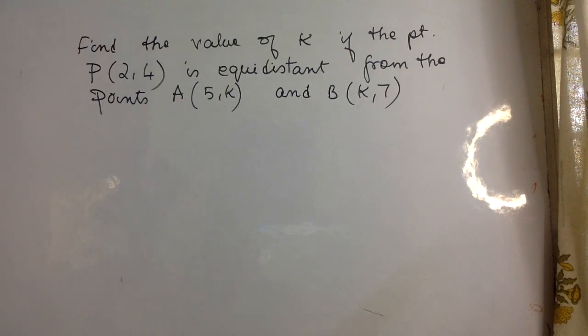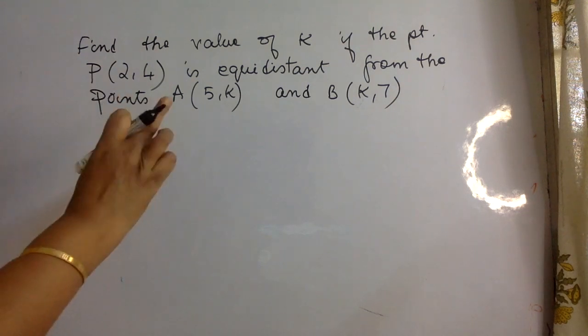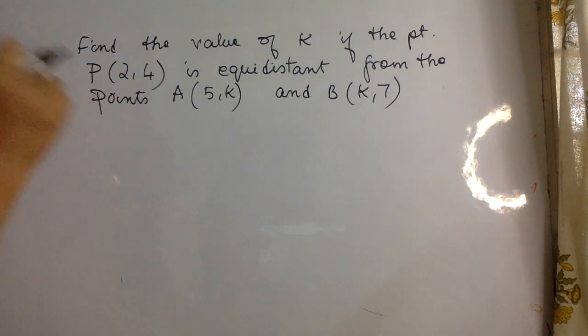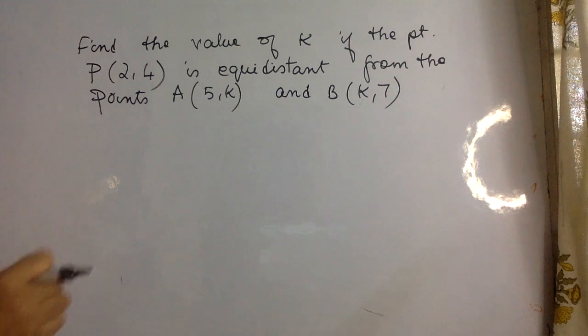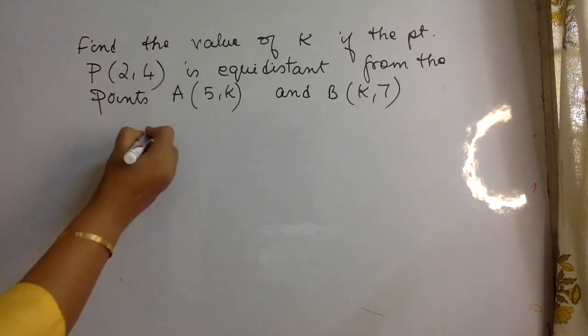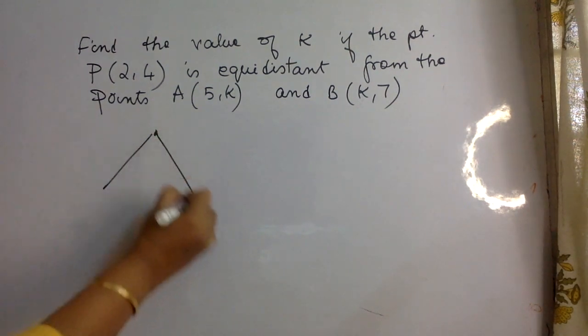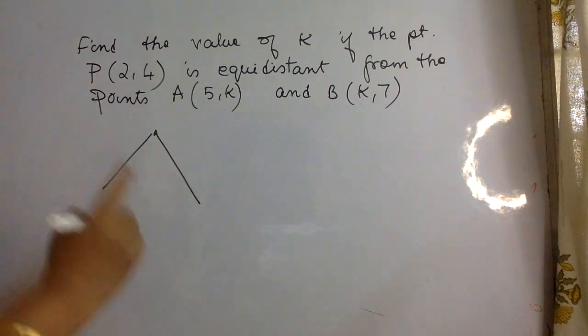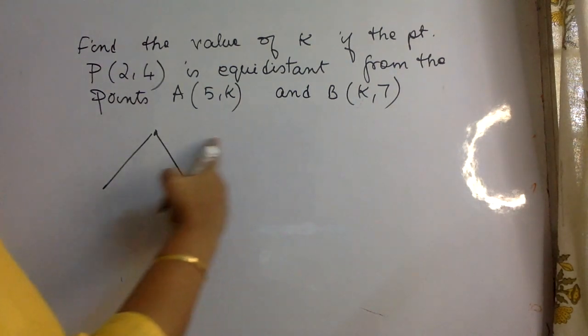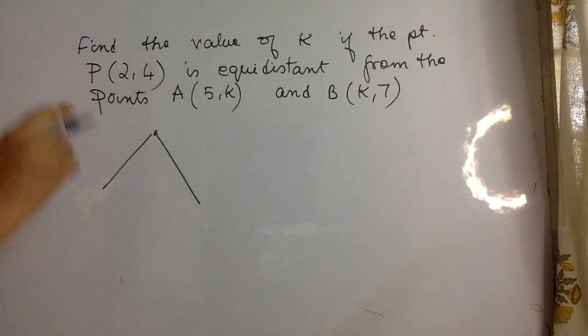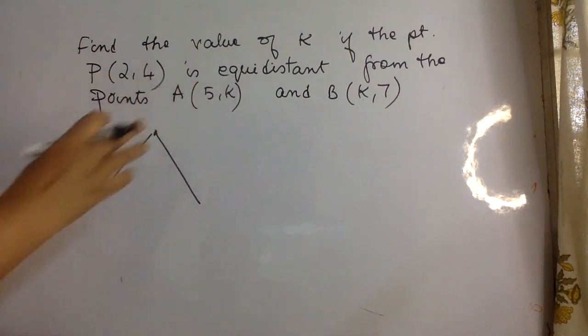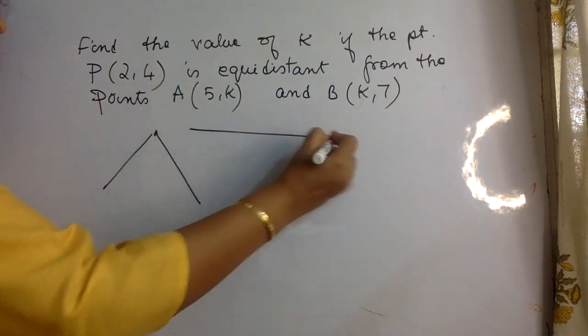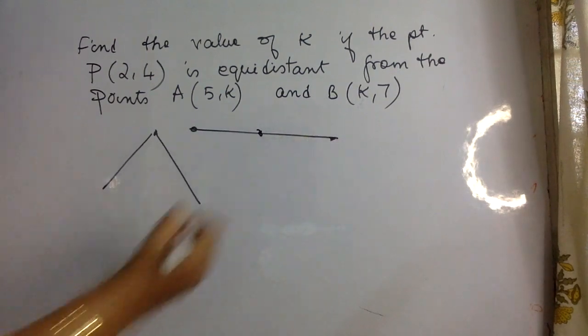Find the value of k if the point P 2, 4 is equidistant from these 2 points. Now this question can easily go wrong if you are not drawing the correct diagram. If you have drawn the diagram in a straight line, it is not necessary that these 3 points are collinear. So you should not draw a straight line and put all the 3 points.